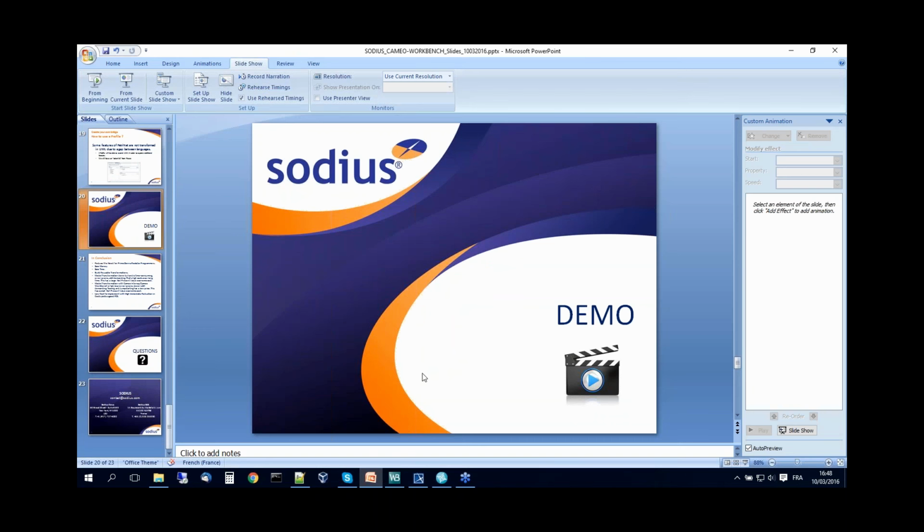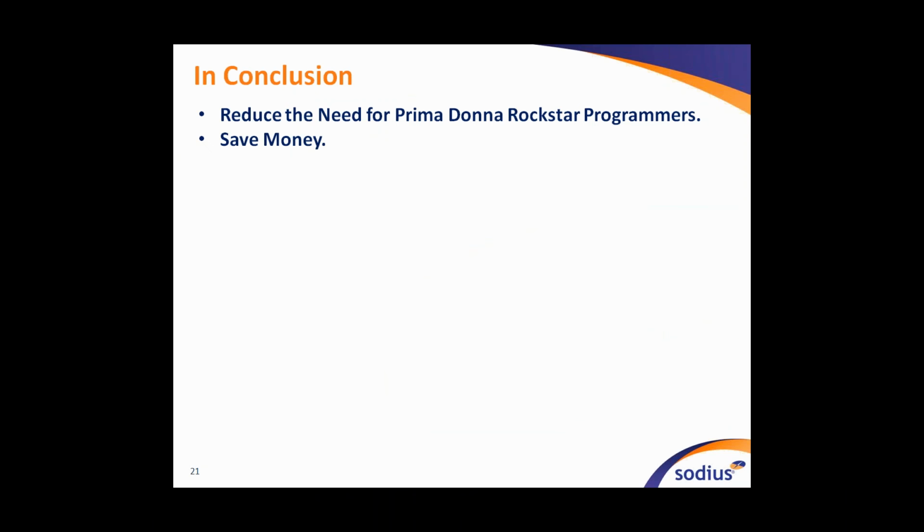And to finish my presentation, I want to do a quick conclusion, which is: why do you need a Cameo Workbench? Because it reduces the need for prima donna rockstar programmers.